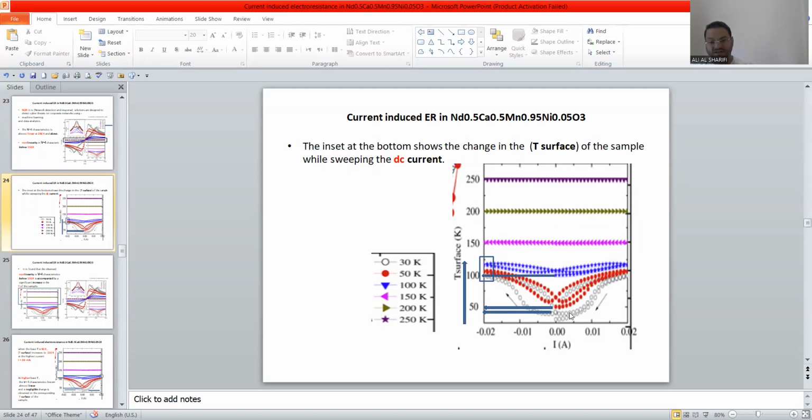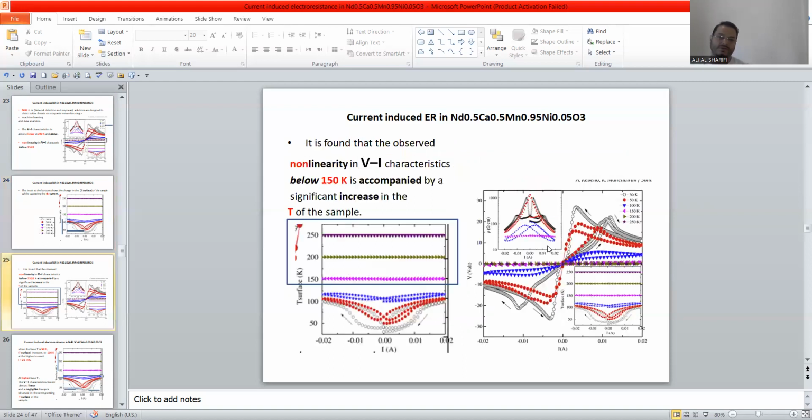With increasing current, the T surface will increase to approximately 100 Kelvin. Let's take the red ball, this one, starting from 50 Kelvin, the base temperature, and increasing to more than 100 Kelvin, with increasing the current from 0 to 20 milliampere.